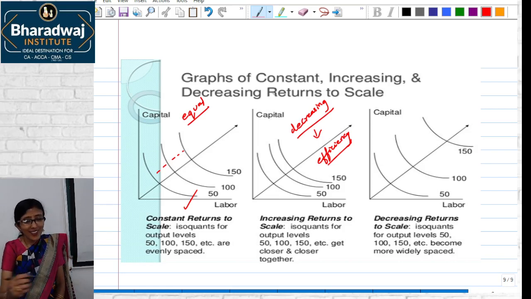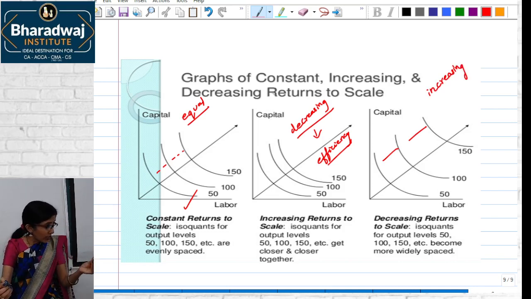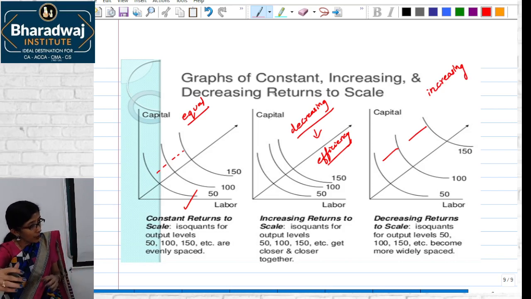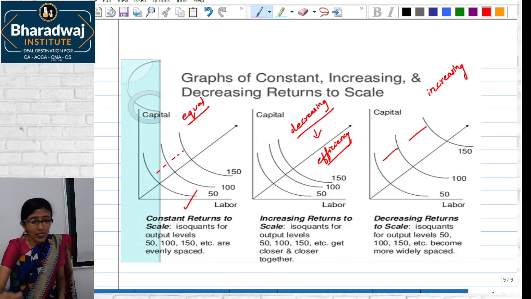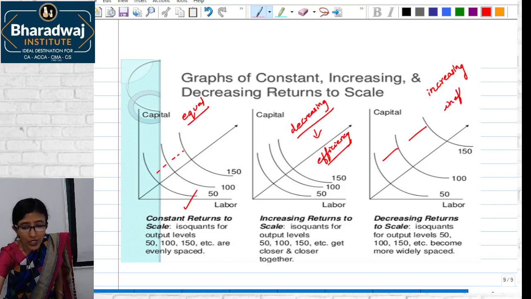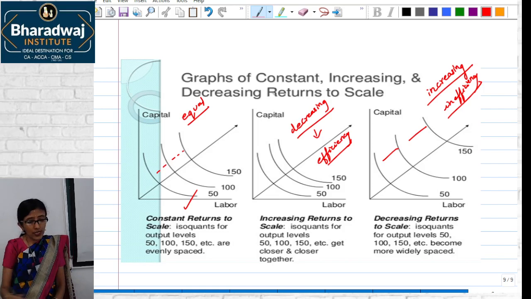And the third one is when the difference between the successive isoproduct curves is increasing, which means to bring about an increase by 50 units, the firm has to apply more units of the factors of production. So that is a sign of inefficiency. Do you understand? Yes or no?